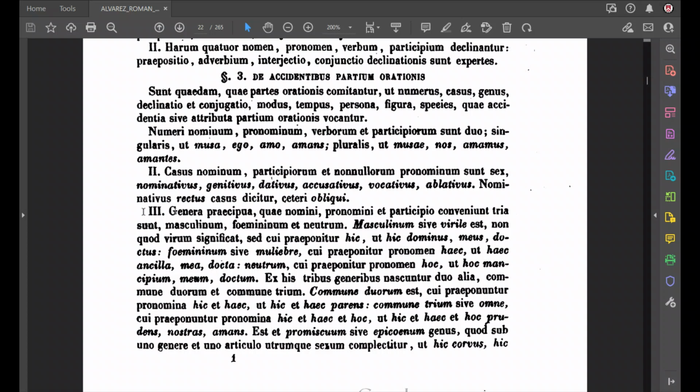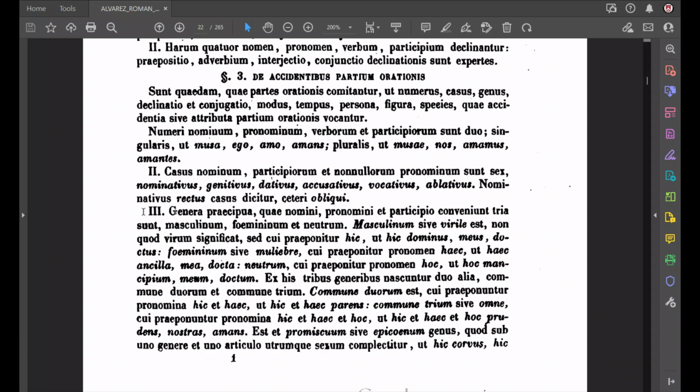So verbs don't have genders. None of the other parts of speech have genders. Only nouns, pronouns, and participles have gender. There are 3. Tria sunt. Masculinum, femininum, et neutrum. Masculine, feminine, and neuter. Those are the 3 primary genders.